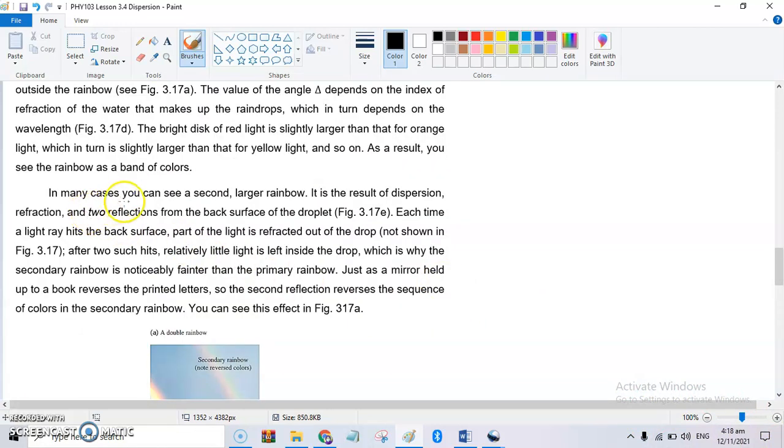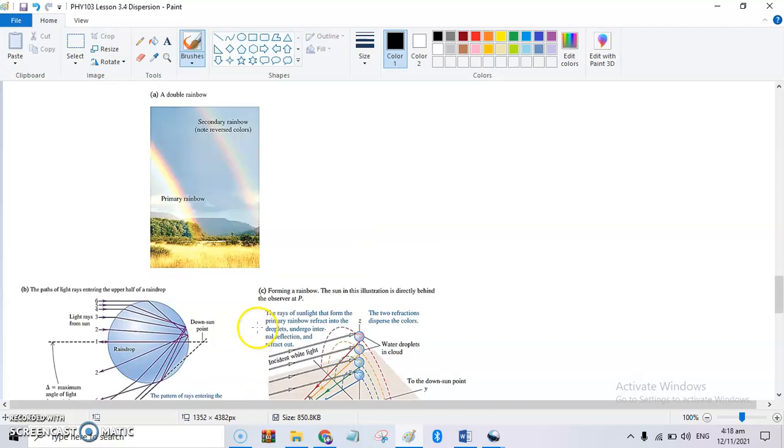In many cases, you can see a second larger rainbow. It is the result of dispersion, refraction, and 2 reflections from the back surface of the droplet. So we will not tackle this anymore. What is important is that you have the visuals of how a rainbow is made.